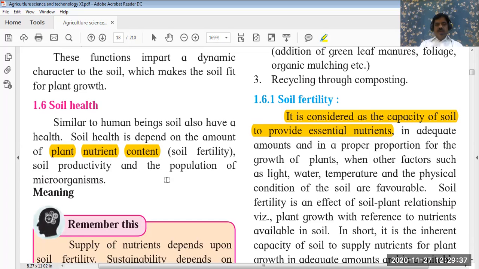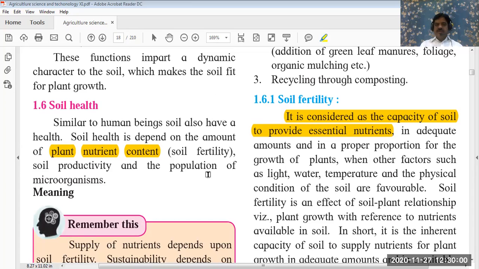Depending upon the population of microorganisms and the quantity of these plant nutrients, soil health is decided. Sometimes you might have seen that soil is white in color; that is not productive, that is called problematic soil.